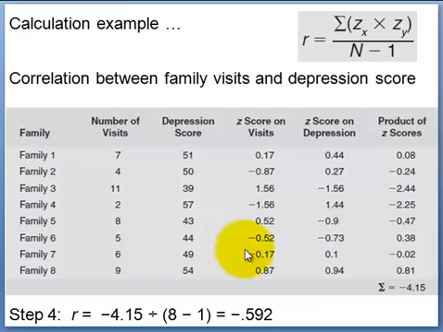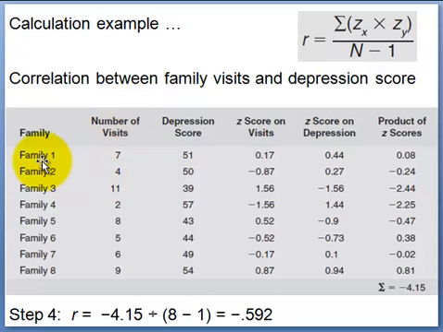So let's take a look at a calculation example. Here's our formula. Our example is going to calculate the correlation between family visits and depression score, say of families at a nursing home. And notice we've got two numeric variables, and both of these variables are at the interval ratio level of measurement or very close.